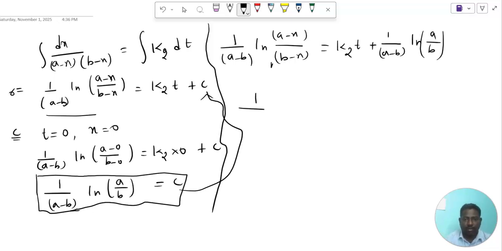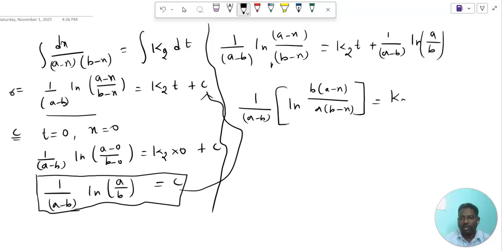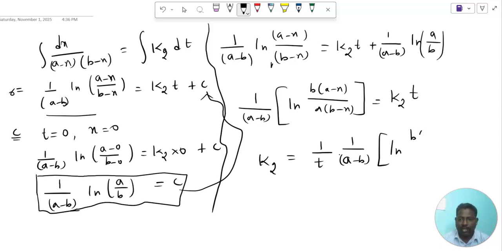The equation becomes 1 by (a minus b), which is common, taken outside, then ln of b into (a minus x) divided by a into (b minus x), equal to k2 into t. We are going to find the value of the rate constant k2, so you can bring t to this side: 1 by t into 1 by (a minus b) in bracket, ln of b into (a minus x) over a into (b minus x).